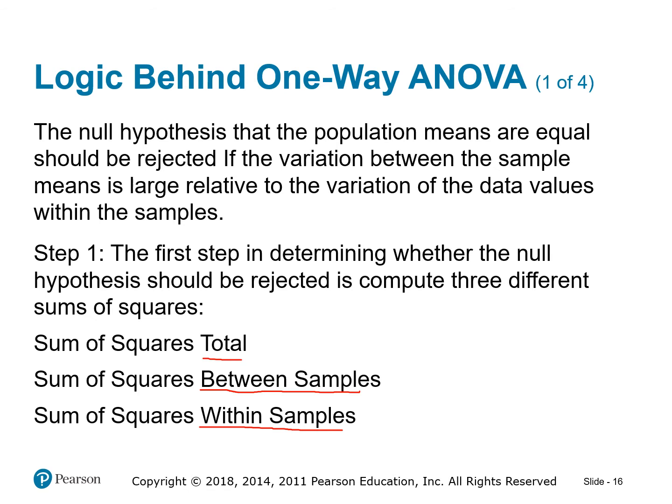Now, there's a word here that you maybe have never seen before, sum of squares, but you've definitely seen a sum of squares before. Remember back when you learned about standard deviation, you had to take x, subtract the mean, square it, and then sum it? That was a sum of squares. And then we had to do extra stuff on it to make it not suck.